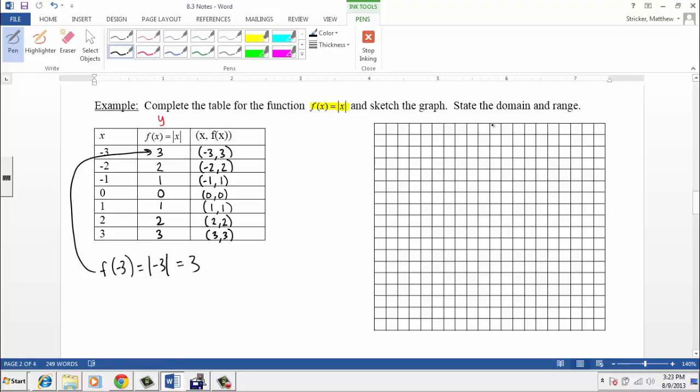And let's see what kind of shape this thing has. We go ahead and put our points on.